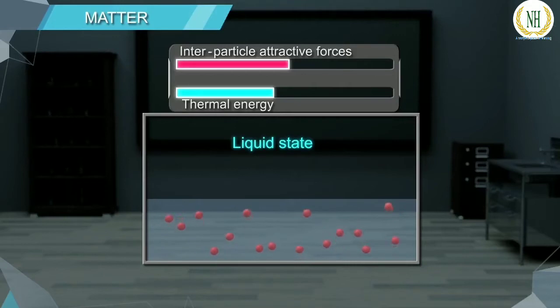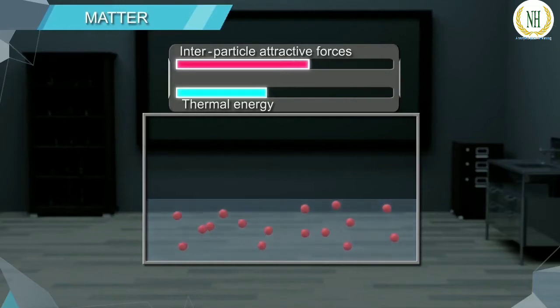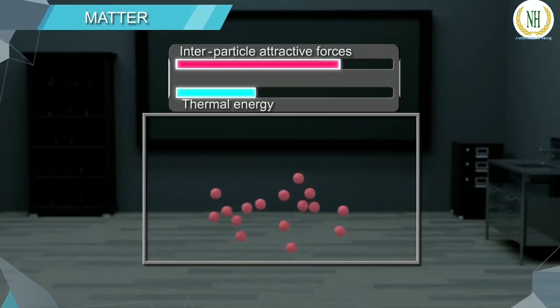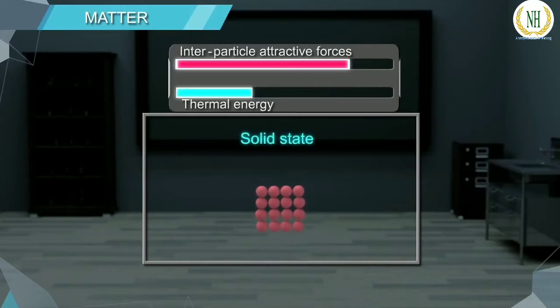At low temperature, the thermal energy is low, and intermolecular forces are so strong that the particles come closer, cling to one another, and hence occupy fixed positions. At this state, the particles are unable to move from their fixed positions, but can only oscillate about their mean positions. The substance here will be in the solid state.